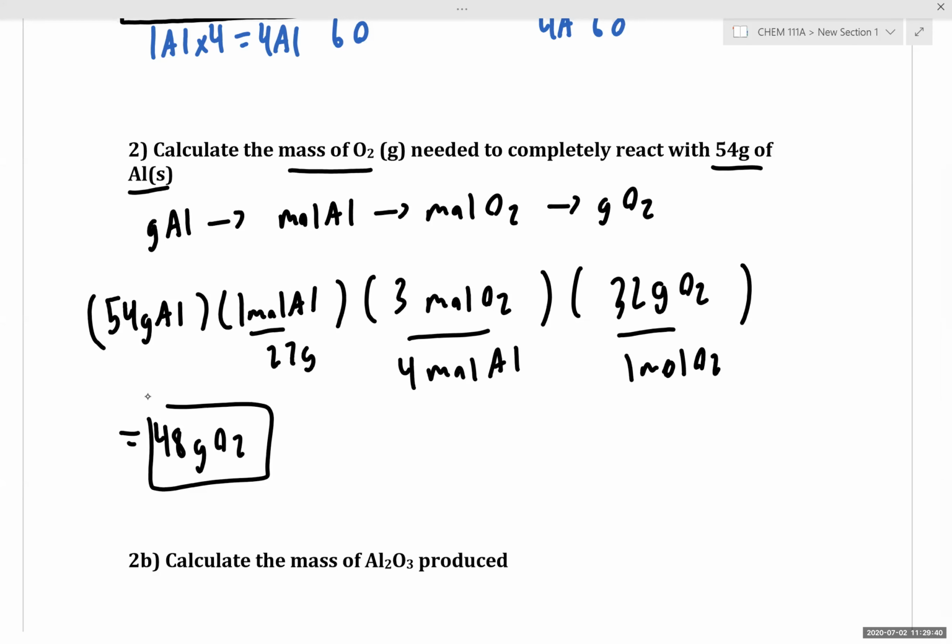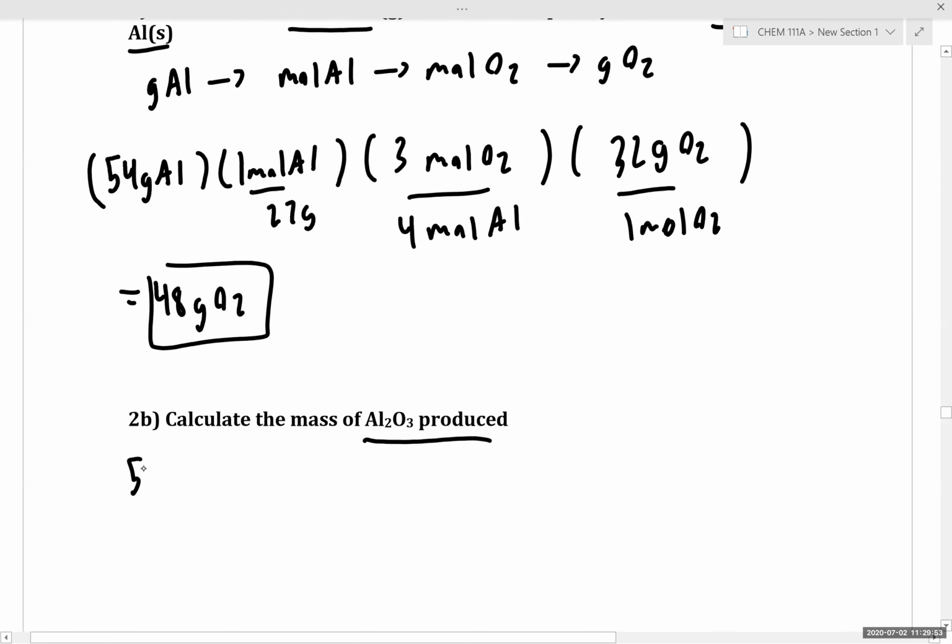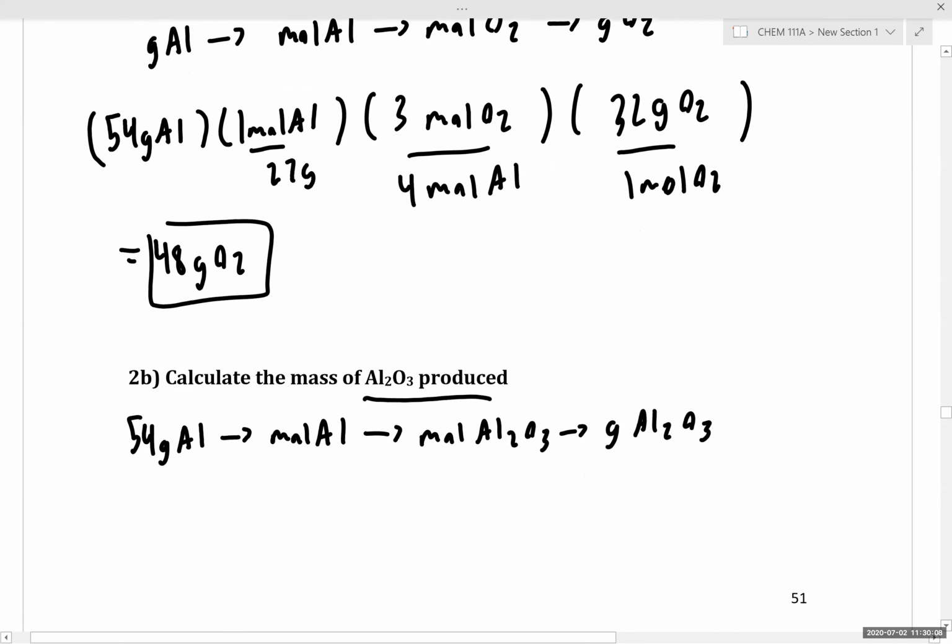So let's continue on with these examples, and let's talk next about how to calculate the mass of aluminum oxide produced from the same reaction. So we have 54 grams of aluminum, and we're trying to go to moles of aluminum, but this time we're going to moles of aluminum oxide and grams of aluminum oxide.